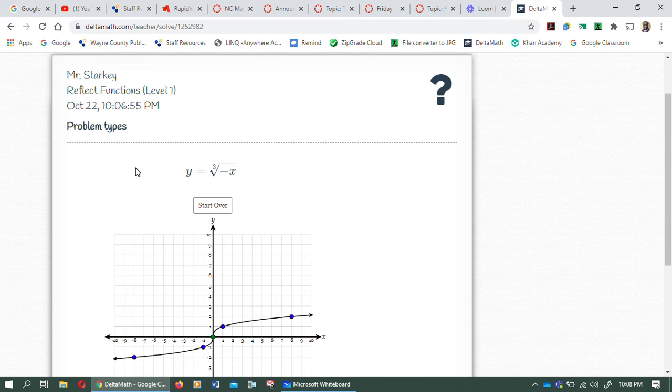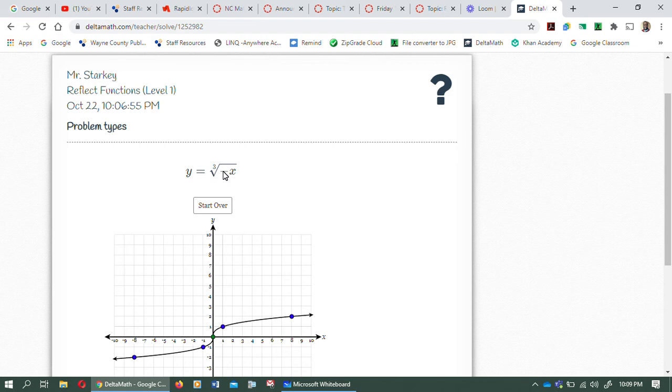Anyway, if you're going to reflect this, first off, you need to make sure that you know exactly what type of reflection is happening here based on this equation. This equation is a cubic function, and it's negative on the inside.